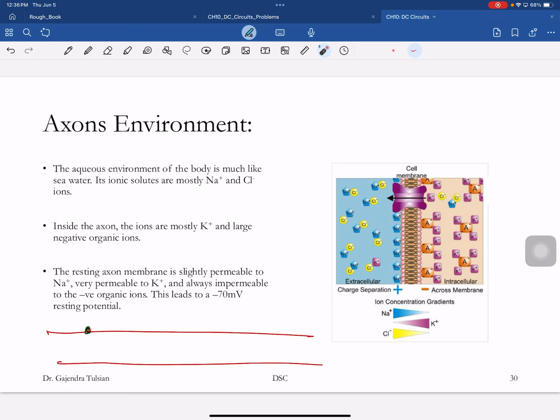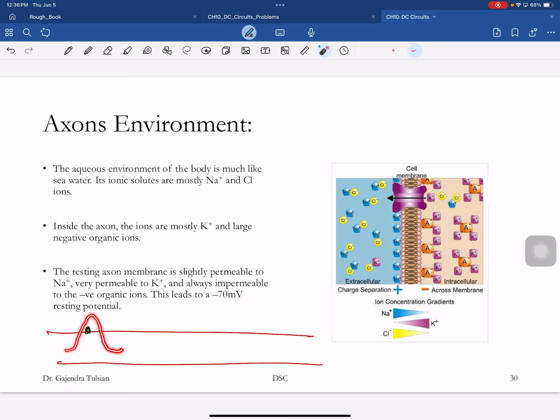So at that location, it goes from minus 70 to plus 30 millivolts. And as soon as it became positive, it's now more permeable to potassium ions, and so these go back, so you get a nerve impulse.